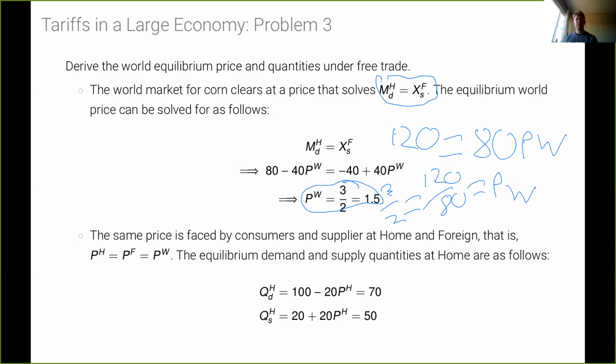So if we go back to our equations for supply and demand at home and plug in 3/2, we get that the quantity demanded at home is going to be 70 and the quantity supplied at home is going to be 50. Recall that home's import demand is its quantity demanded minus its quantity supplied. We know that this is 70 and this is 50, so home's import demand is going to be 20.